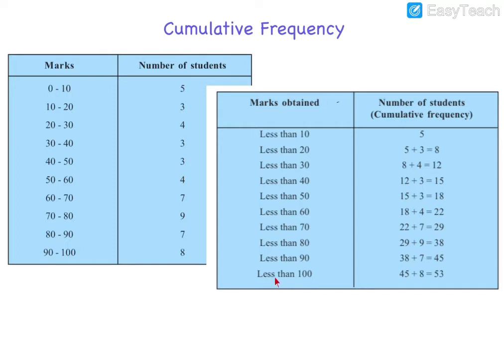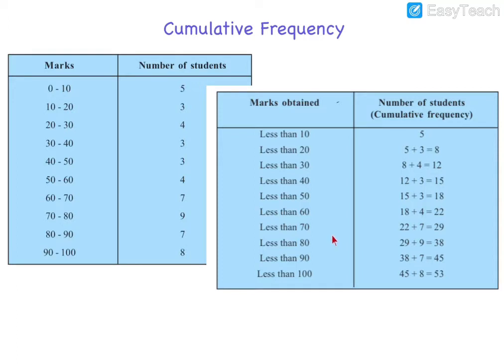And notice that students who will obtain less than 100 should be equal to the total number of students giving that test, because less than 100 includes all class intervals of that data. So the last number over here is n, that is total number of observations or the sum of frequencies.